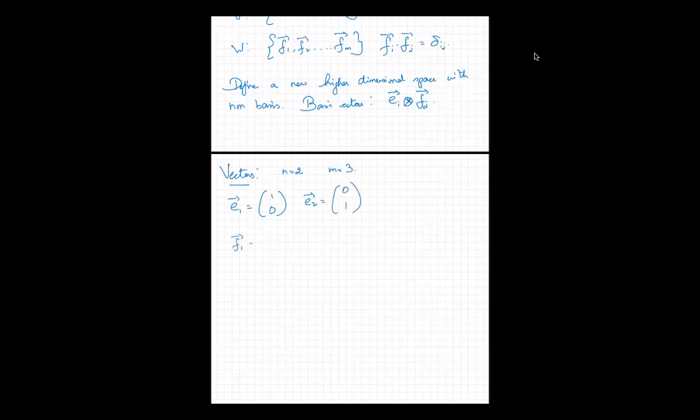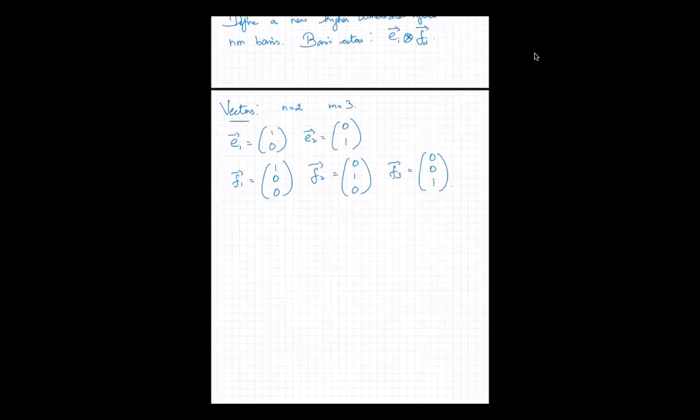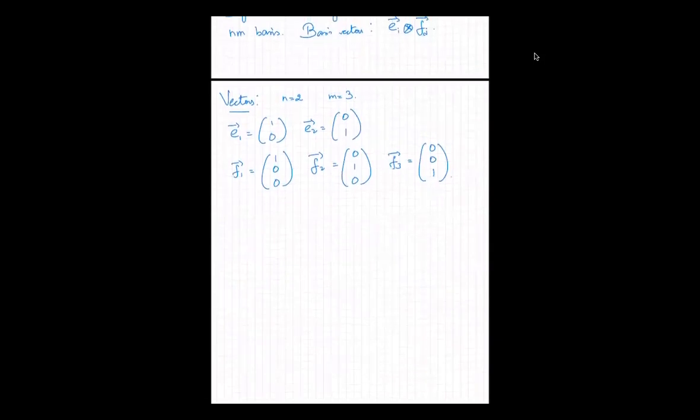And my F1, I will write everything in excruciating detail, F2 would be 0, 1, 0 and F3 would be 0, 0, 1. These are the three basis vectors I have. Now I want to construct a new 6-dimensional space, since 2 times 3 is 6. So I need 6 orthonormal basis vectors, and I'll have to construct the basis vectors out of E and F.